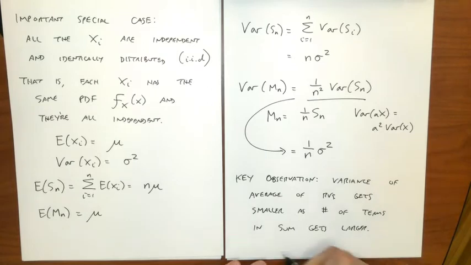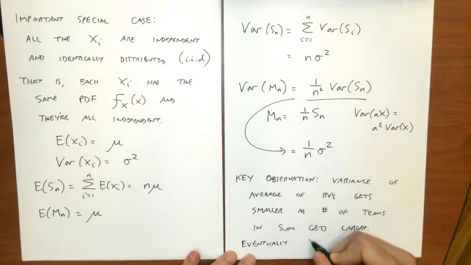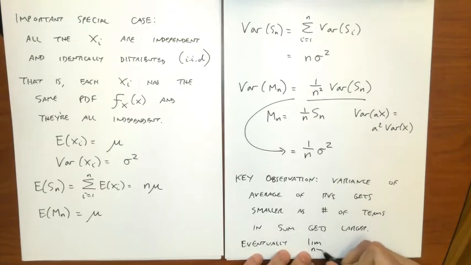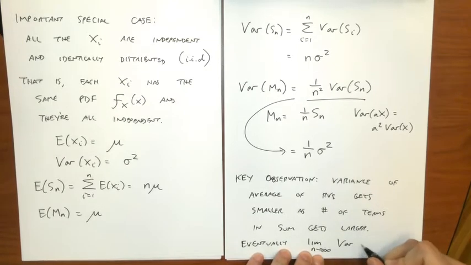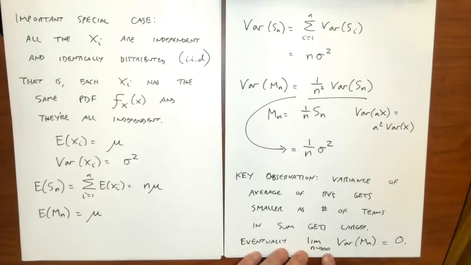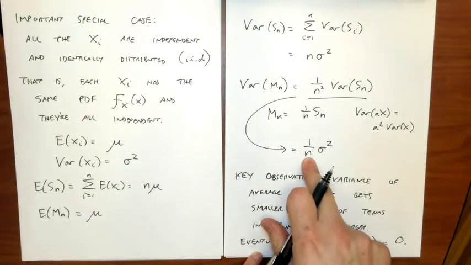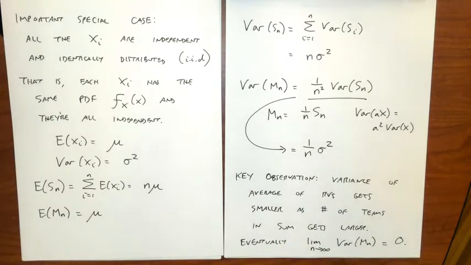And eventually, in the limit, if I were to take the limit as n goes to infinity of this variance, that would be equal to 0, right? As n goes to infinity, this goes down to 1 over infinity, which is 0, right?